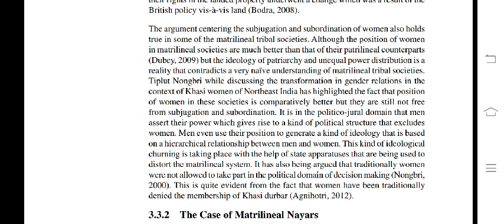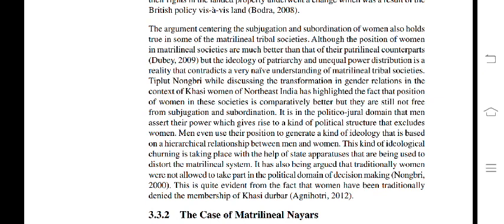Men even use their position to generate a kind of ideology that is based on a hierarchical relationship between men and women. This kind of ideological churning is taking place with the help of state apparatuses that are being used to distort the matrilineal system.